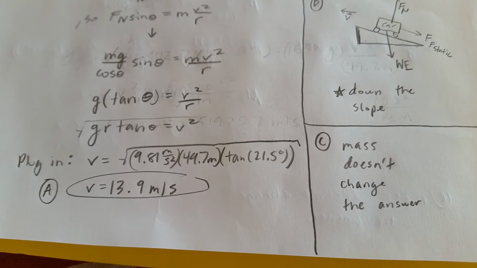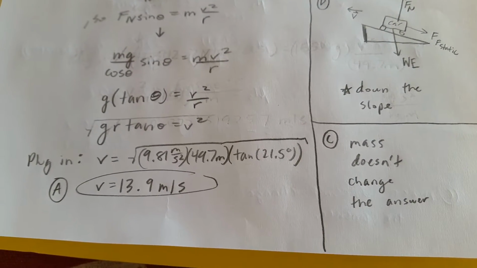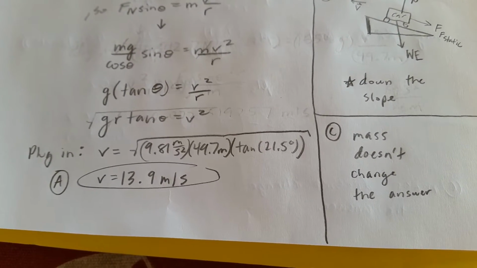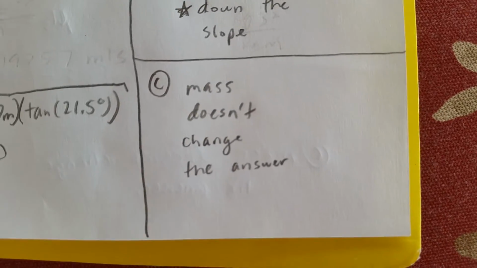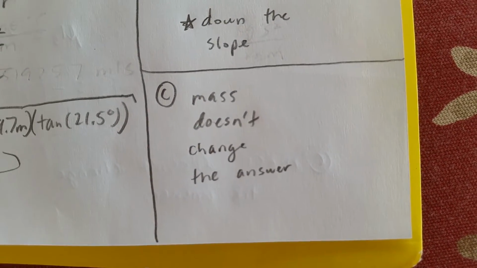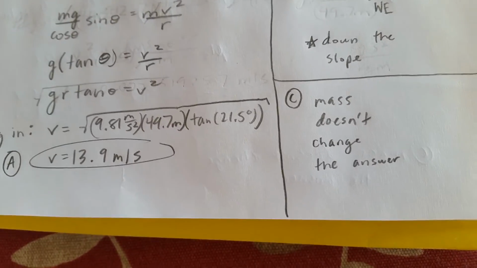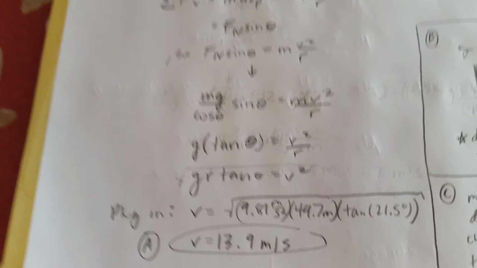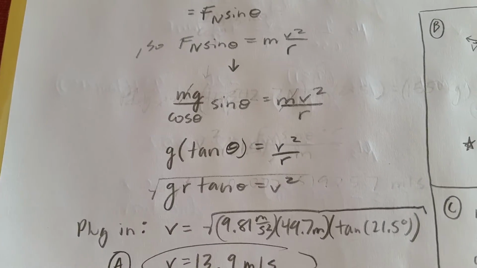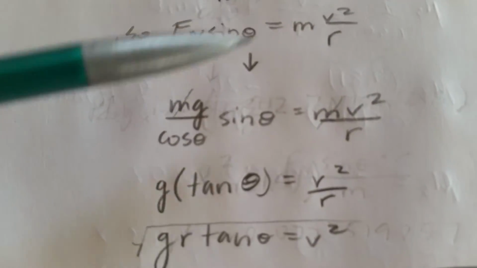But for part C, it says, how does the speed you found in the first part change if the vehicle is a large truck where the mass is 3 times the mass of the car? So for part C, I wrote, mass doesn't change the answer, and that's because in the equation working it out in part A, you canceled the masses out over here.